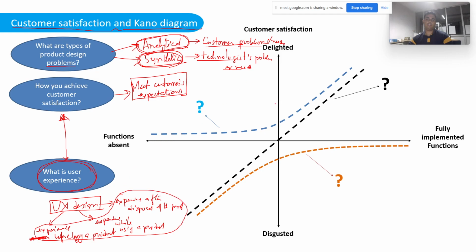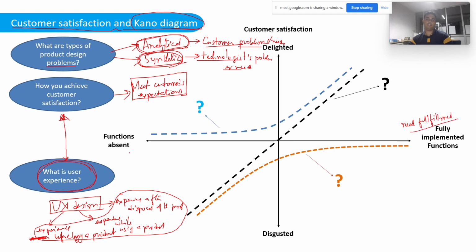Okay, so to relate customer satisfaction versus product features or the need a particular product satisfies, there is something called the Kano diagram. This diagram represents a Kano diagram, where the x-axis defines the need fulfillment.